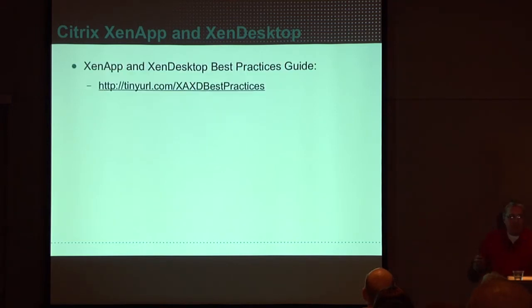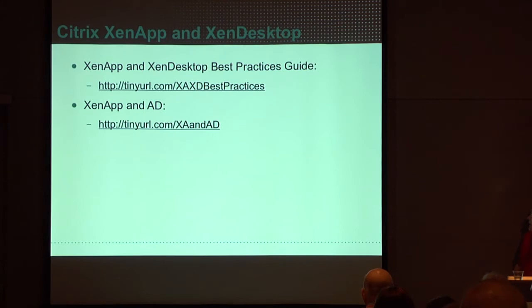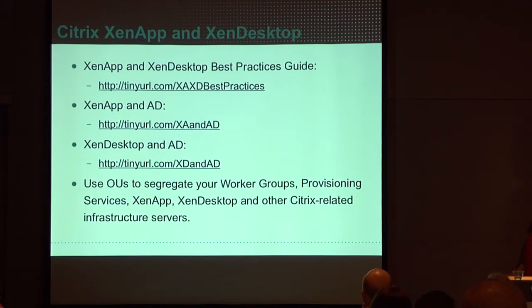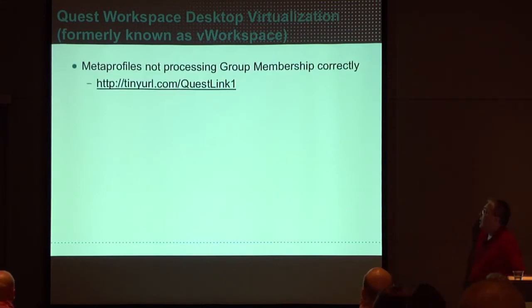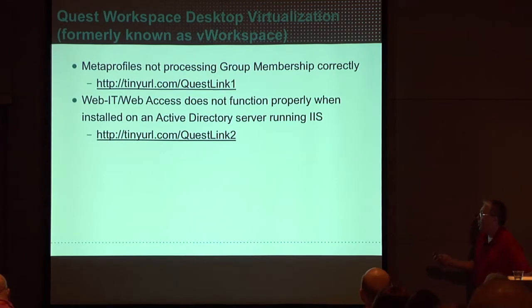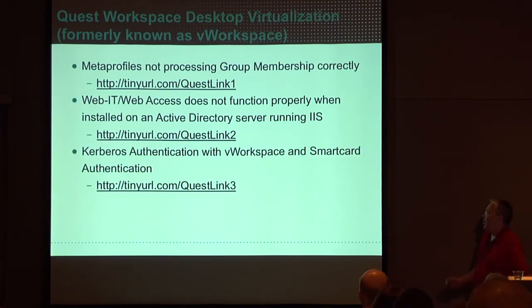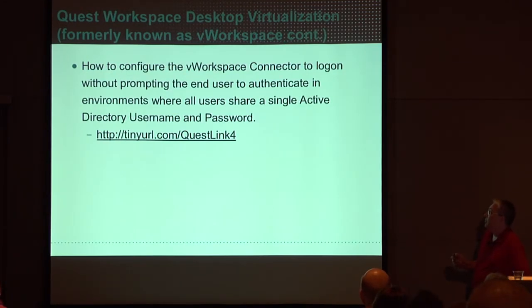So, some vendor stuff. For Citrix, we got the XenApp and XenDesktop Best Practices Guide. And then here we have XenApp and AD, and then XenDesktop and AD. Bottom line, Citrix says use OUs to segregate your worker groups, provisioning services, XenApp, XenDesktop, and other Citrix-related infrastructure servers. And for Quest, we've got these issues that Michelle Roth gave me the links to.